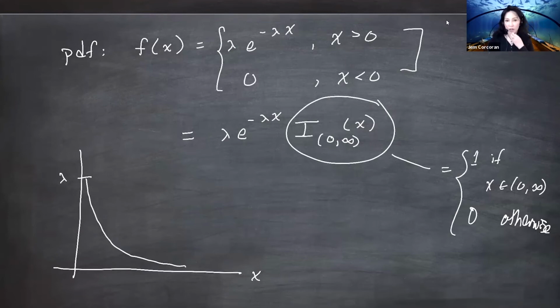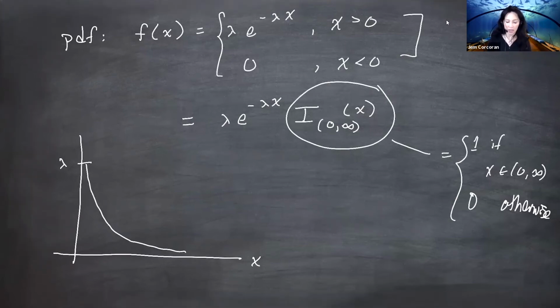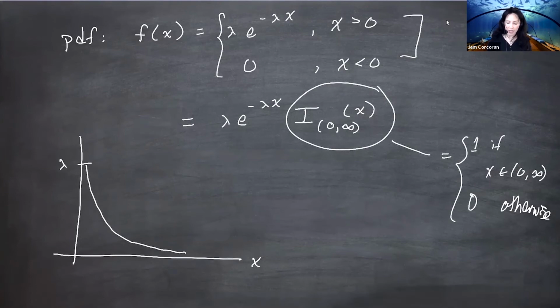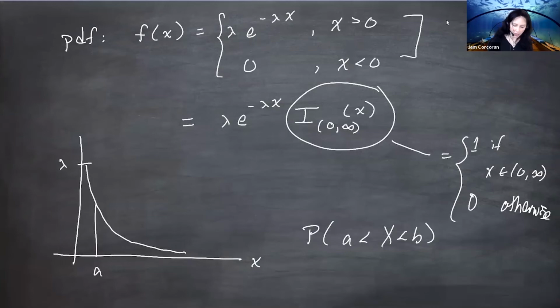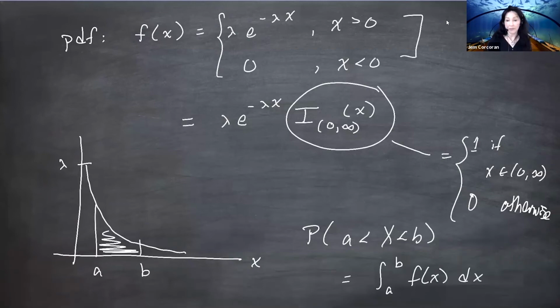You might have written your exponential PDF another way, and I'll talk about that in a second. But if we want the probability that x is between two numbers a and b, where a is smaller than b, then you would just look at these two lines and integrate and find that area. So this would be the integral from a to b of f of x dx.